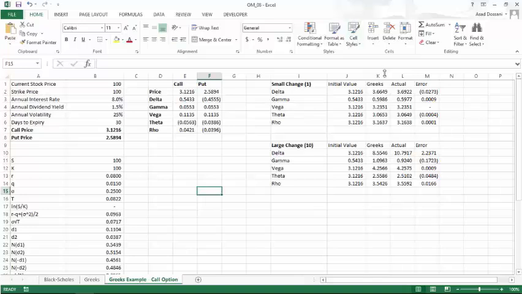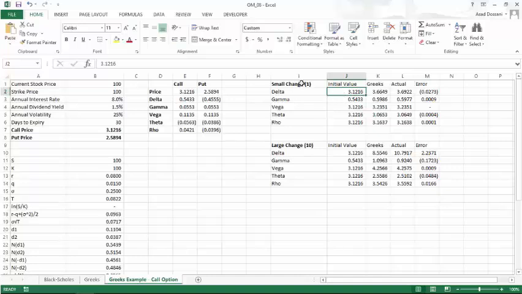Now, these are not all formulas, these are numbers manually entered in, and basically what I've done here is essentially taken the approximation based on the Greeks and looked at the actual change and then computed an error, which is the difference between the true change and the change implied by the Greeks. Okay, so I'll show you one example of how I did it quickly, just this first one.